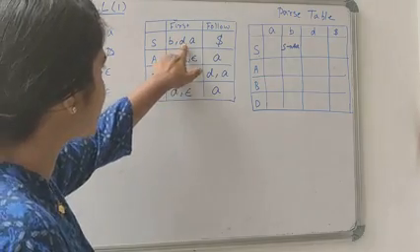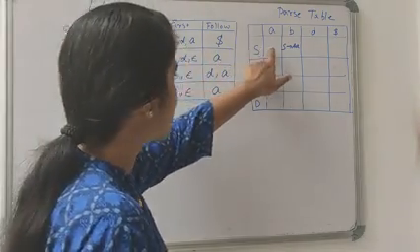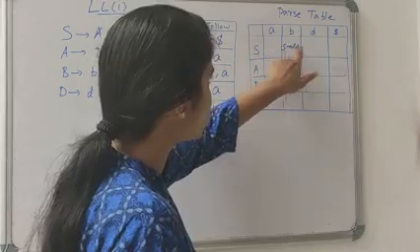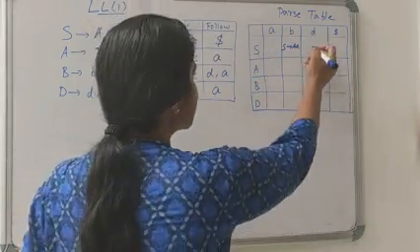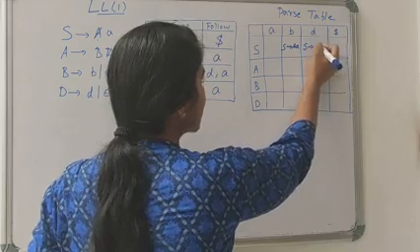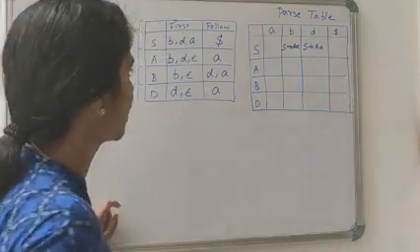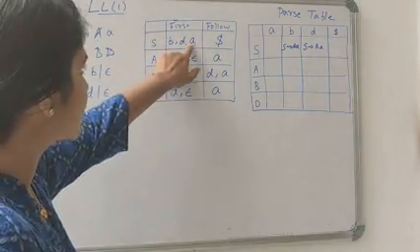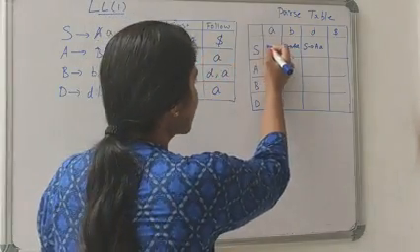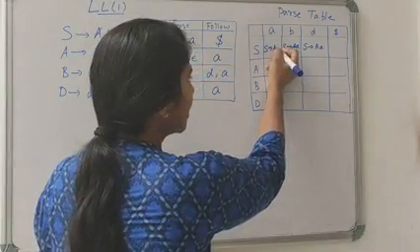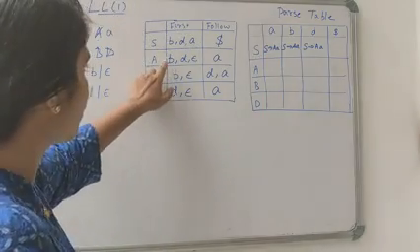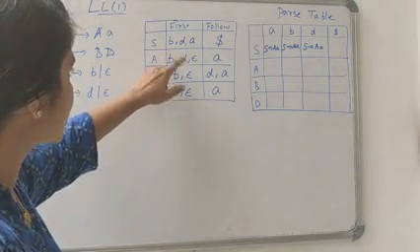Then what is next one? d. In the row of S and column of d, we will write the same rule, S gives capital A, small a. And next is a. Here also we will write the same rule.